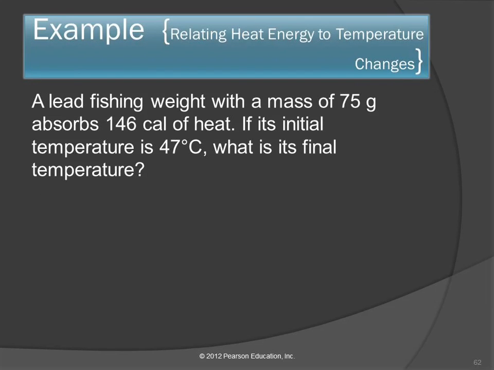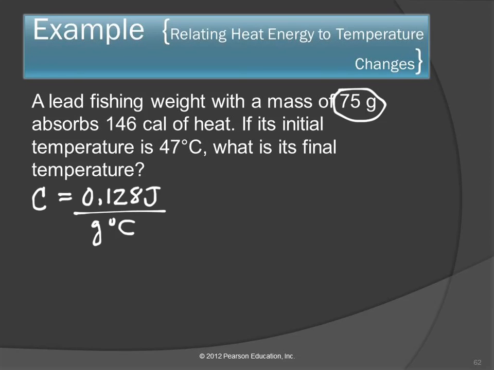So the specific heat capacity is 0.128 joules per gram degrees Celsius. Now, you might not necessarily go look that up first, but it's just easier with this program to do it before I start writing all over the place.